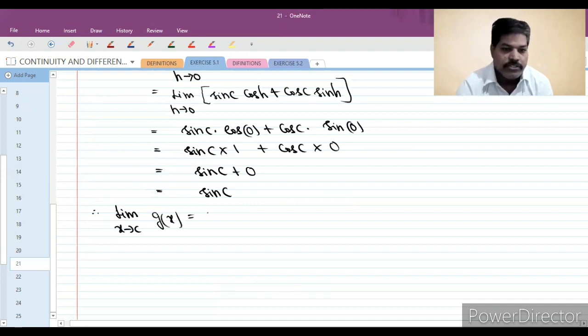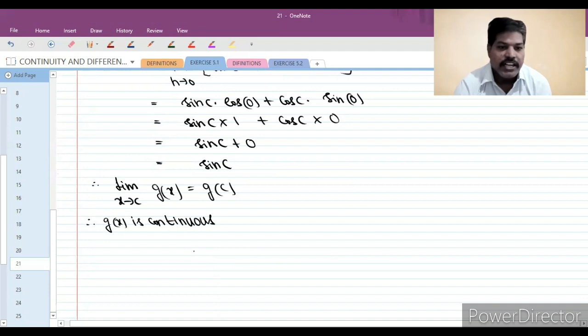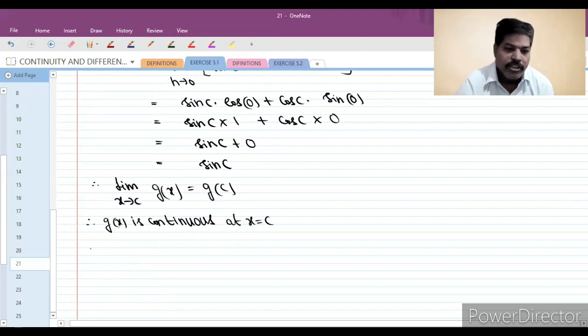So what we declare is that g of x is continuous. Why? Because c is any real number, g of x is continuous at x is equal to c. Therefore, g of x is a continuous function.